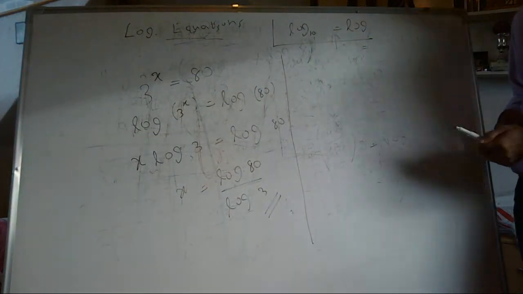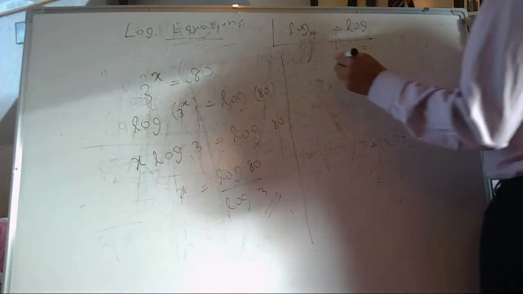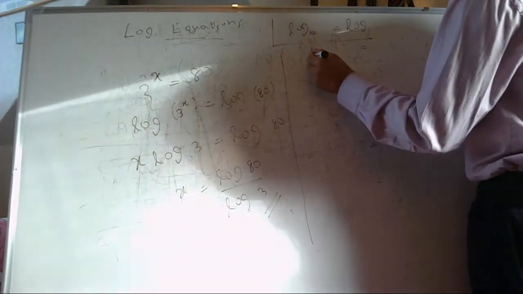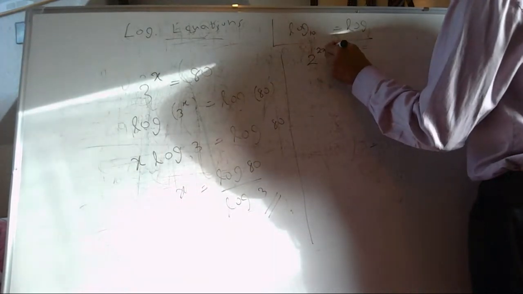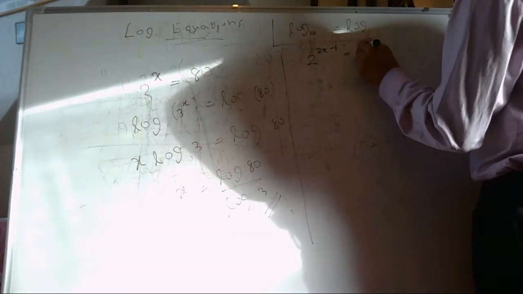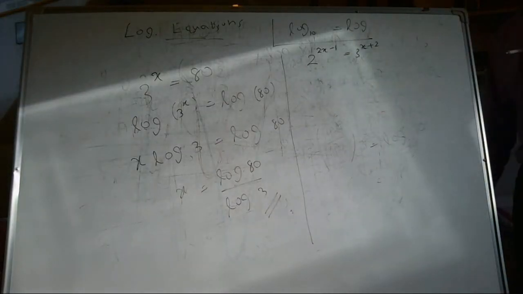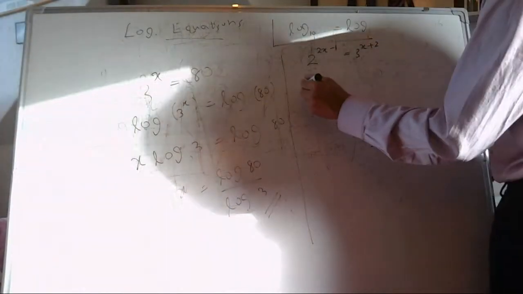Okay, so let's do a slightly more complicated question. Let's say we have 2 to the 2x minus 1 equals 3 to the x plus 2. What I'm going to do is take logs for both sides.